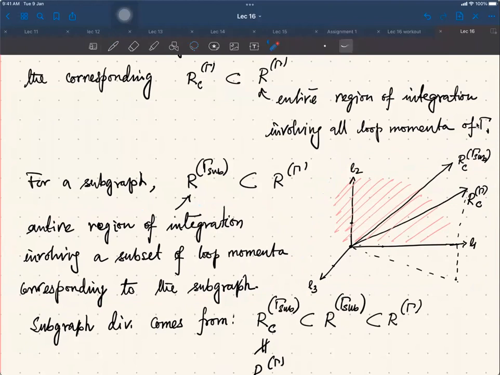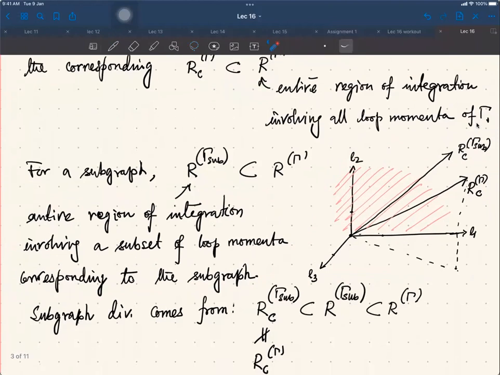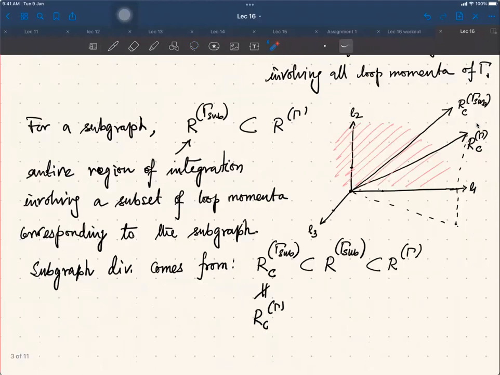So what we saw just now is that if the graph is superficially convergent while there are subgraph divergences, it means that the divergence comes from one location of the total integration region, not the other.